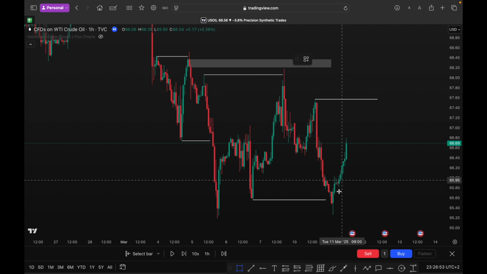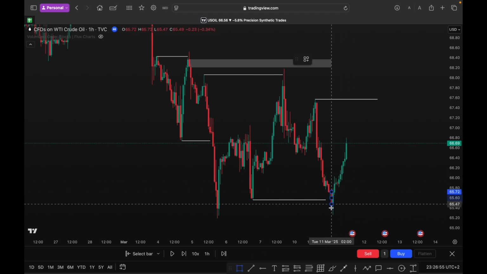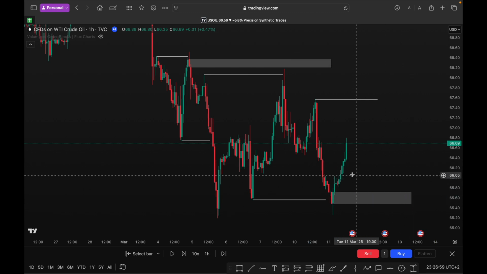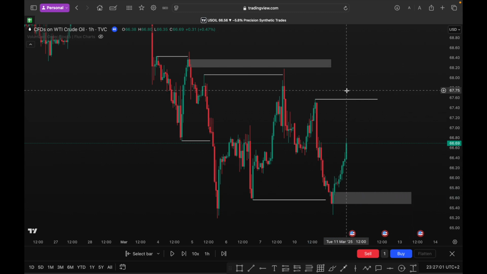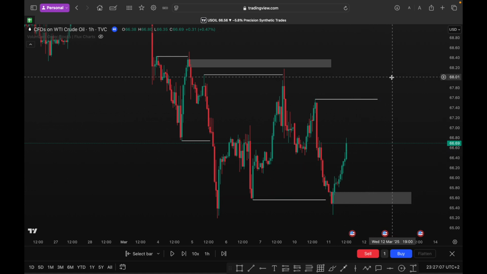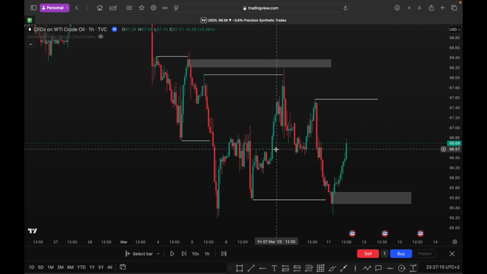So the order block that I'm seeing currently is going to be this one. So I want to see price break this one, and then I want to see it come down and enter this one.